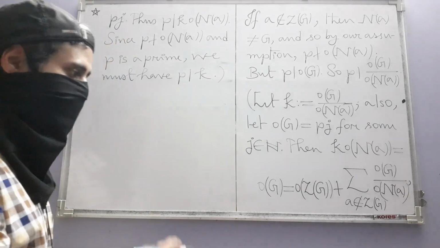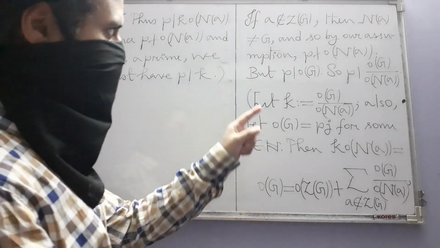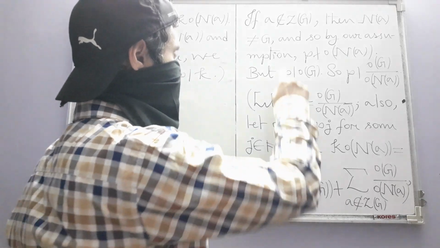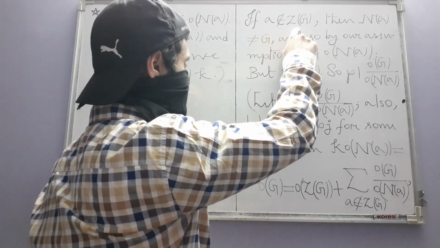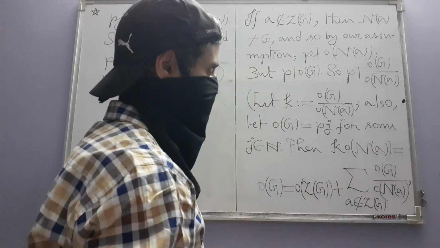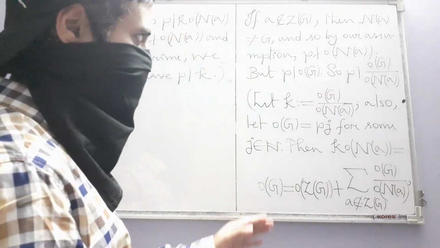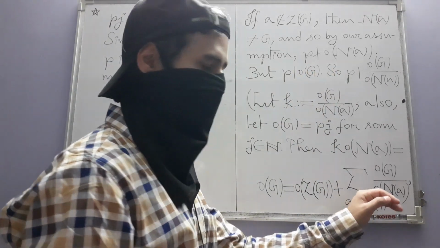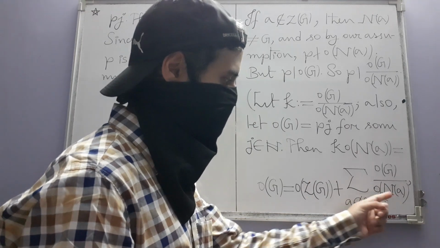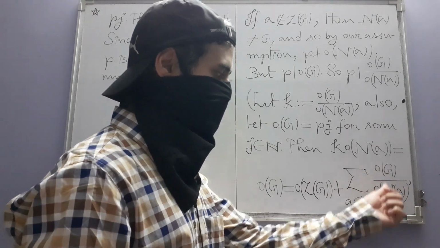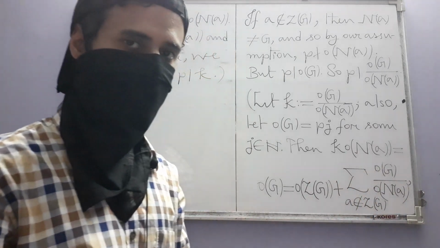Okay. Now you look at the class equation. What we have found here is that for each non-central element, this ratio is divisible by P, and precisely that type of ratios or that type of quotients are appearing in this sum because each one of them corresponds to a non-central element.